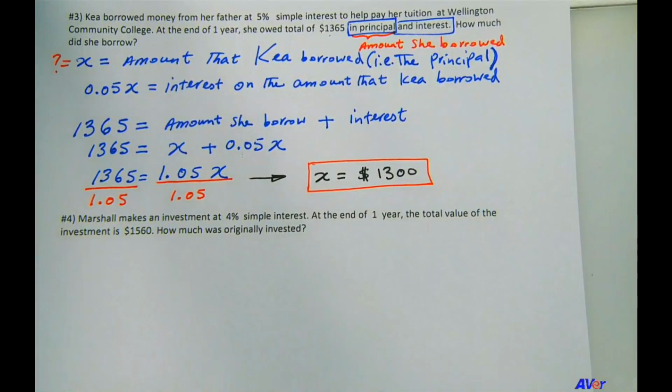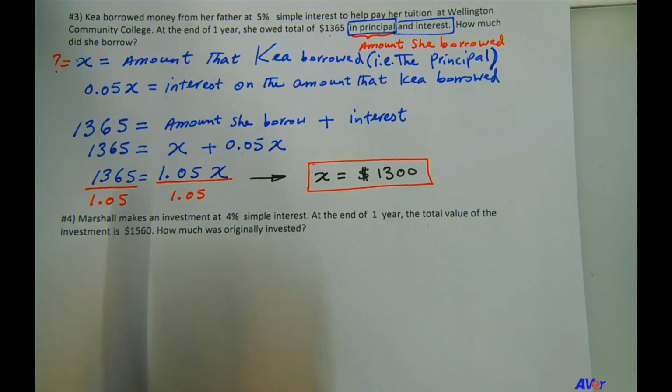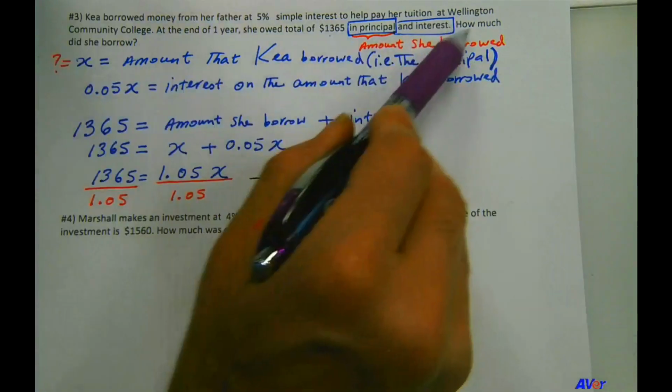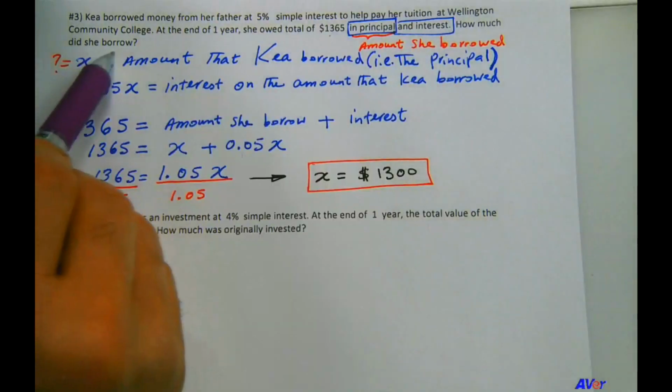Okay. I hope this is making sense. Again, don't look at this problem just for this problem. Look at the approach. That's what's more important than the problem itself. That you read the problem, you make a note of what is not known and what you're looking for.